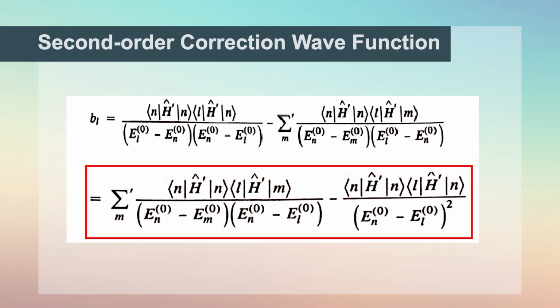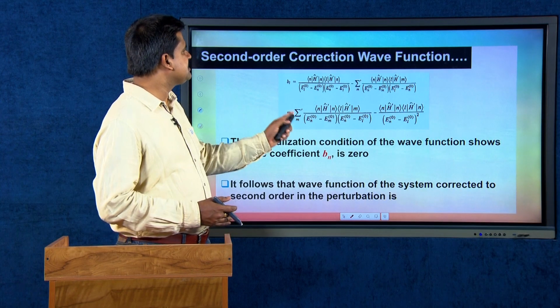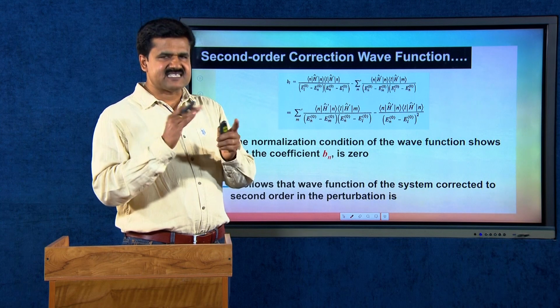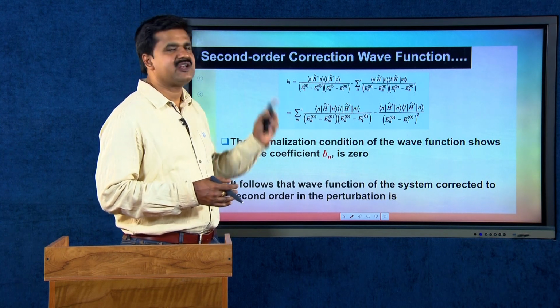That is, b_l is equal to the summation over m prime of the integral psi_n^0 H-hat' psi_n d tau into the integral psi_l^0 H-hat' psi_m d tau, divided by (E_n^0 minus E_m^0) into (E_n^0 minus E_l^0), the entire thing minus the integral psi_n^0 star H-hat' psi_n d tau into the integral psi_l^0 H-hat' psi_n^0 d tau, divided by (E_n^0 minus E_l^0) the whole square. This is about the coefficient b_l. By changing different values for l, we will get different values for b_l.